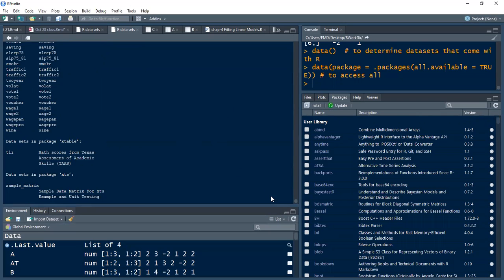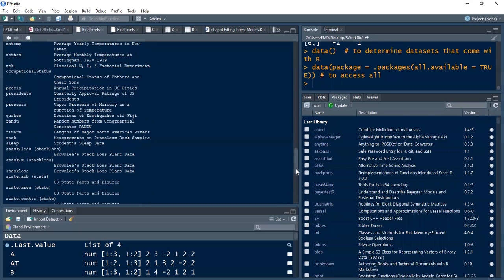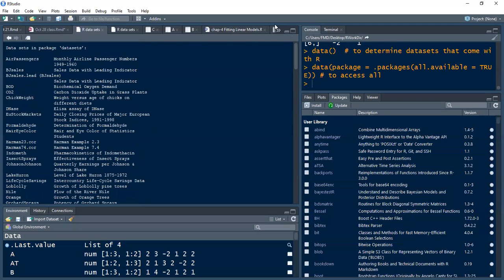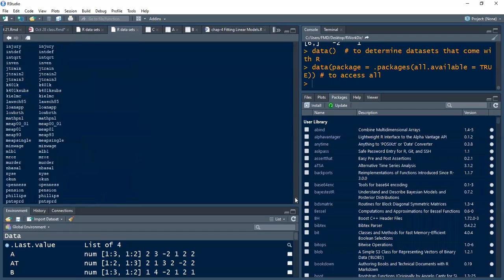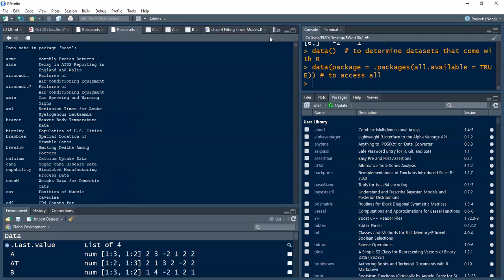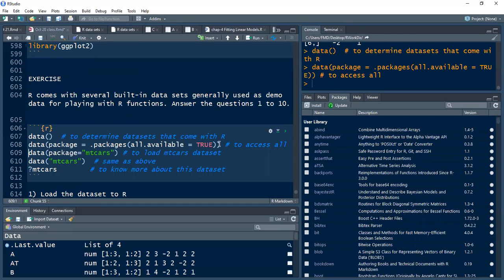So you'll have a different list of data sets as compared to the first one, where I have fewer, versus this second one where it lists all the data sets that come with the packages. So usually R has its packages, and then usually with the packages come data sets that can be used by the user for practice. Okay, so that's for this second.